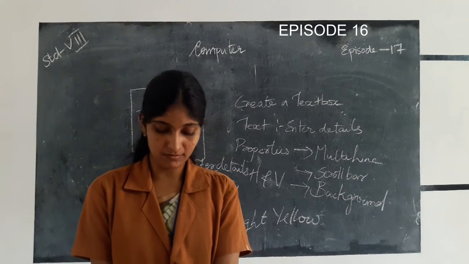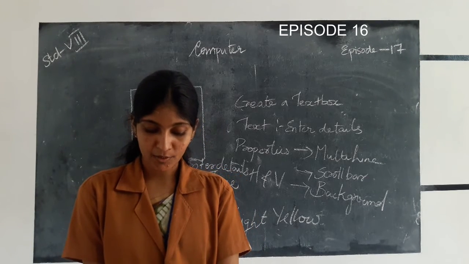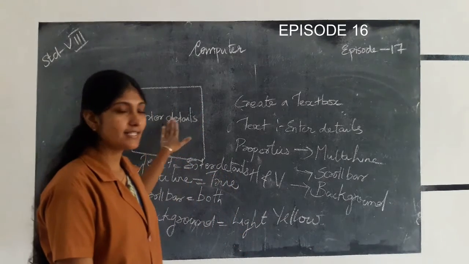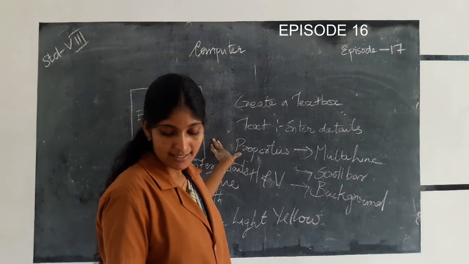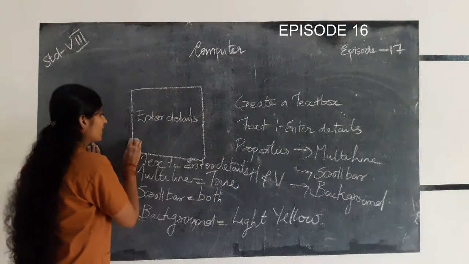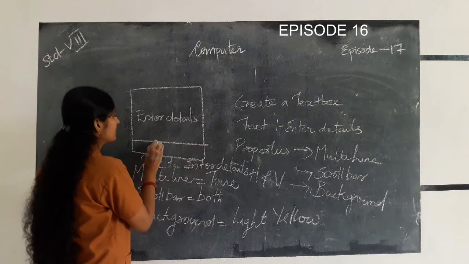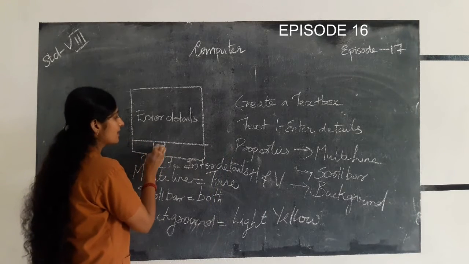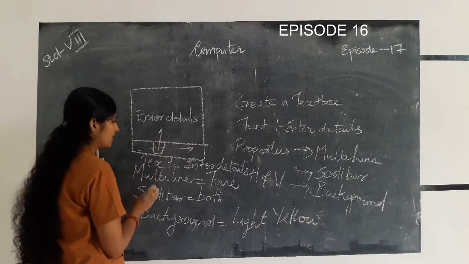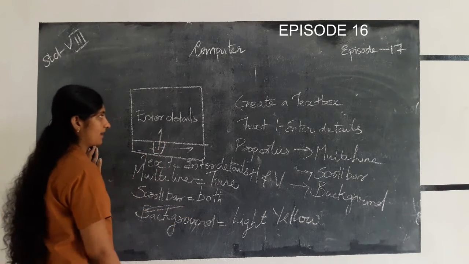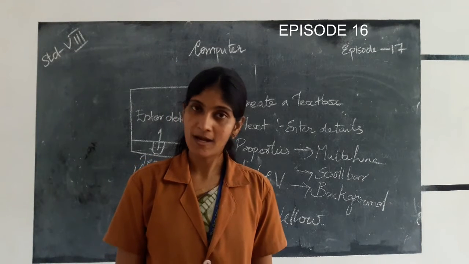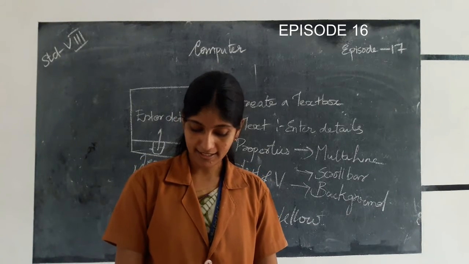So here, during the design time, the text box shows Enter details, and during the run time, a scroll bar is an object in a graphical user interface. So there is a scroll bar presented at the bottom of the screen, and we can move the scroll bar in the horizontal direction as well as the vertical direction. For that property, we use the scroll bar. Look at the picture, page number 75, comparing the design time and the running time.